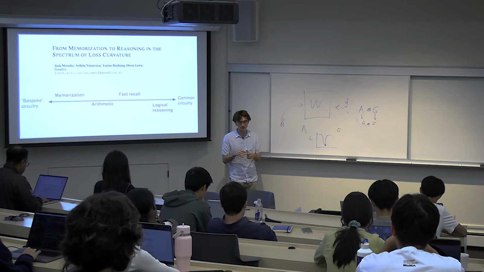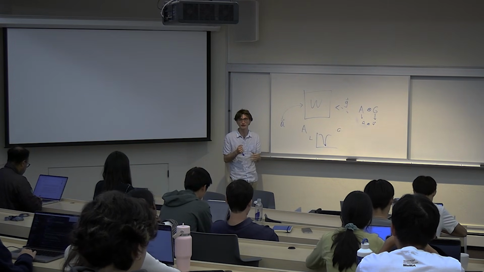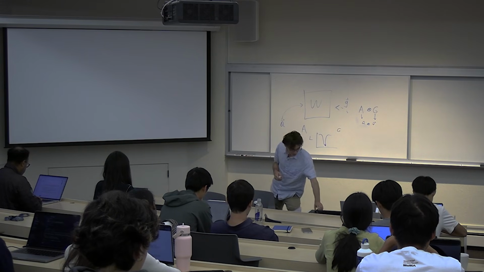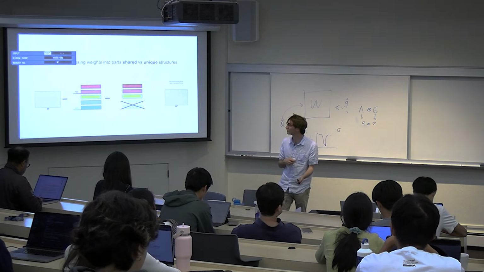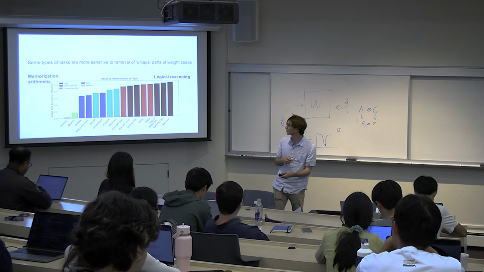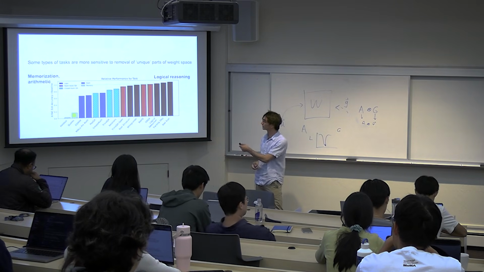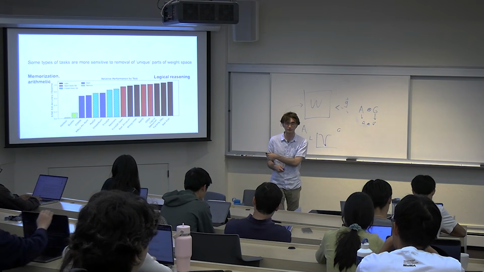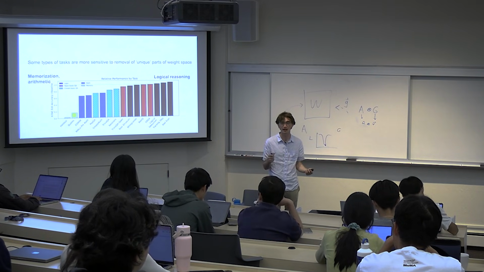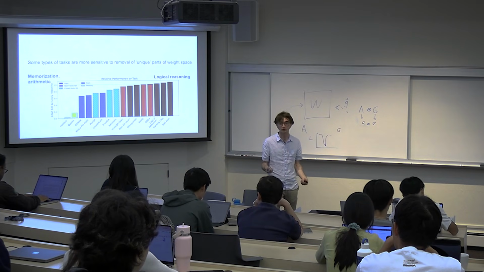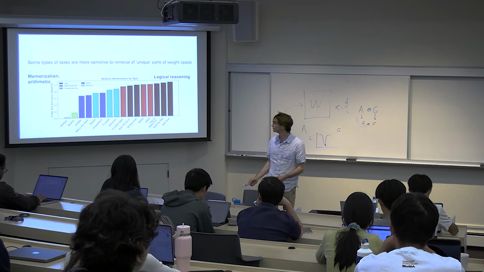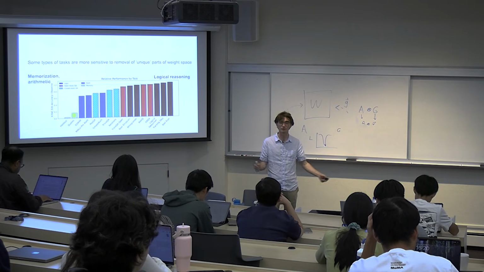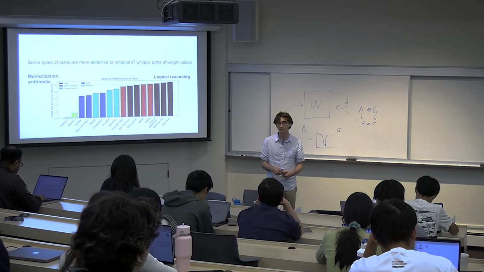So this gives us a way to project these out, and these selective edits let us test behaviorally which benchmark-type tasks respond poorly to that kind of edit. And so we're able to draw this spectrum between memorization and reasoning.